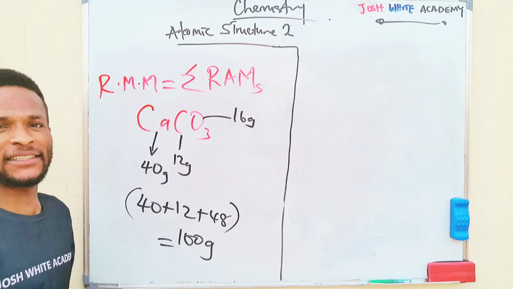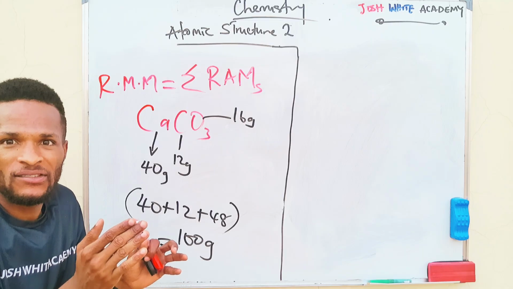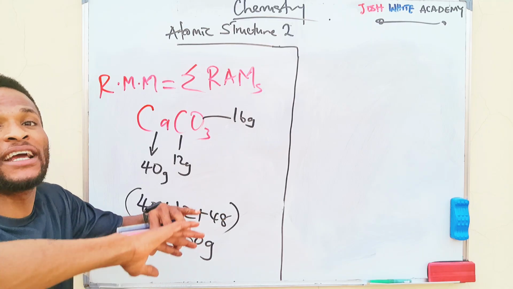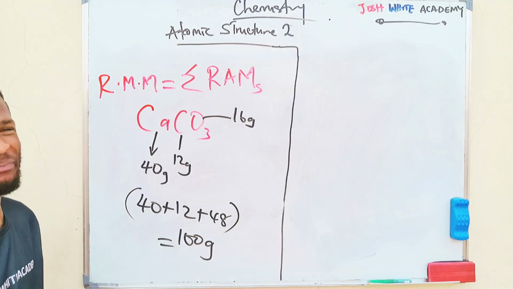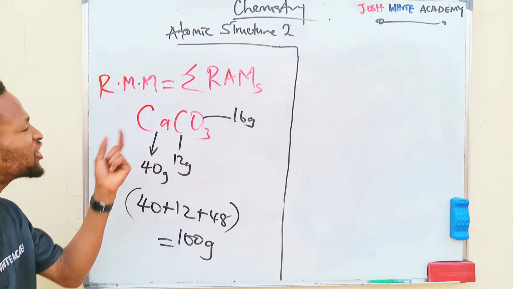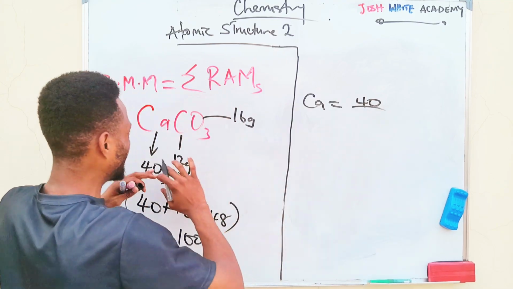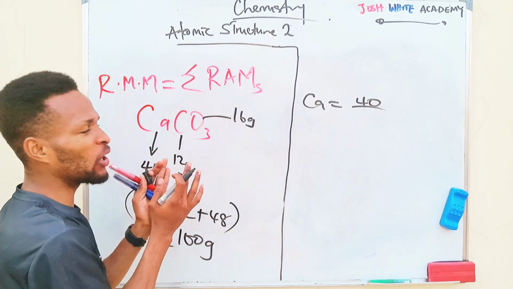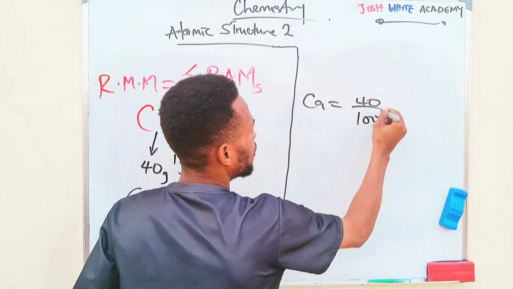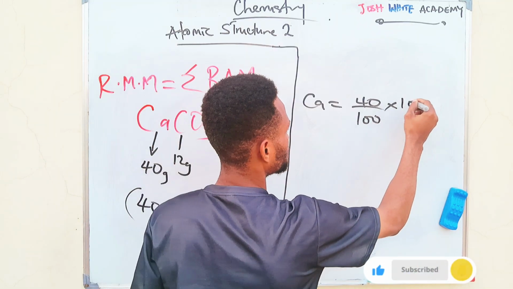You can also say it as the relative atomic mass of an element to that of the relative molecular mass of the compound. For instance, the percentage composition of calcium in calcium carbonate: calcium is 40. The total, which is the relative molecular mass, is 100. You multiply it by 100.